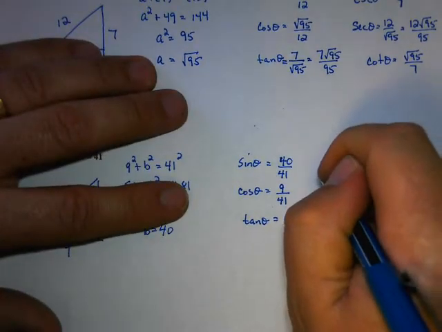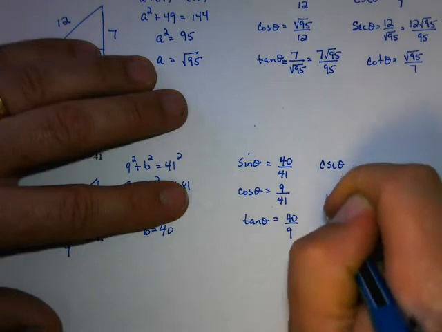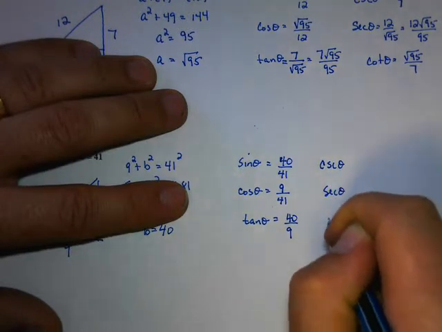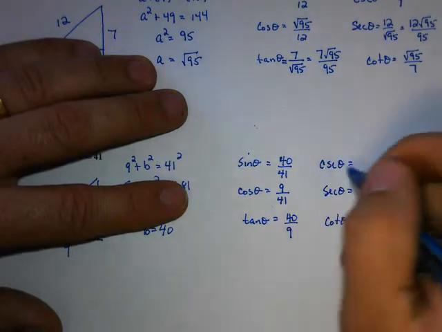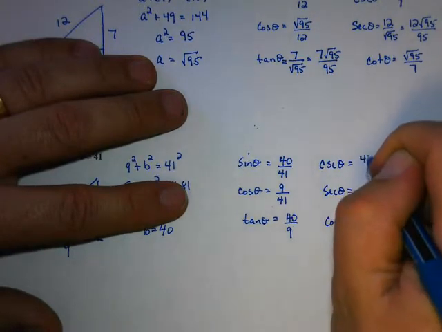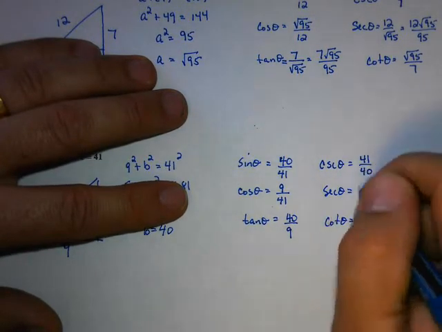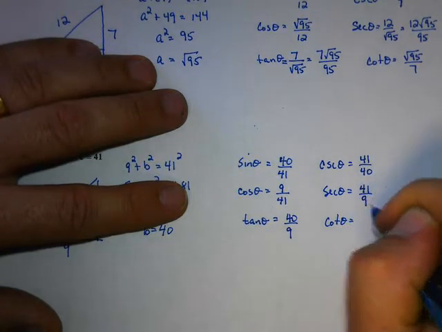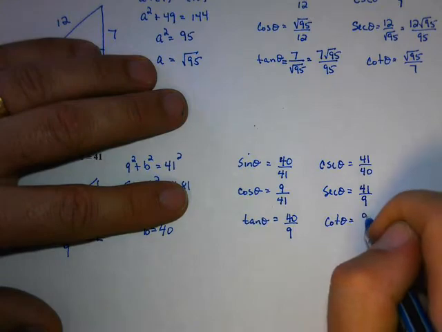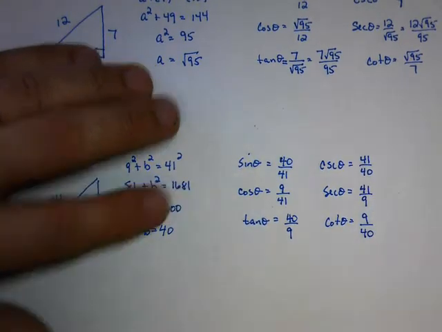Now the reciprocals. Cosecant theta, secant theta, cotan theta. Cosecant theta is 41 over 40, secant theta is 41 over 9, and cotan theta 9 over 40.